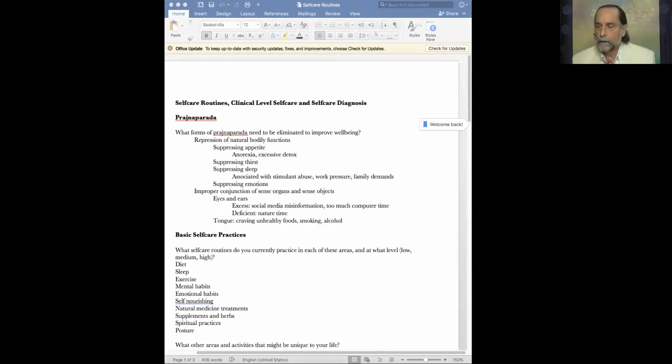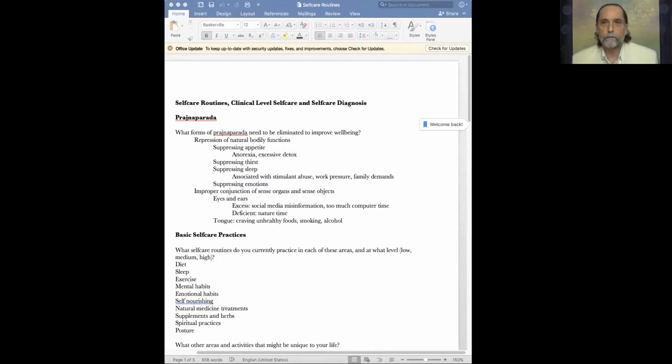There's a beautiful Ayurvedic saying, which is: if you have a good diet, you don't need doctors or drugs. And if you don't have a good diet, you don't need doctors or drugs. And what that basically means is that if you have a good diet, then you're going to get well and stay well. And if you don't have a good diet, then there's no point in going to see doctors.